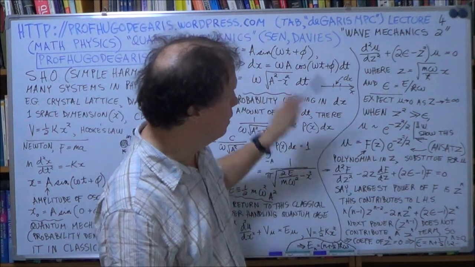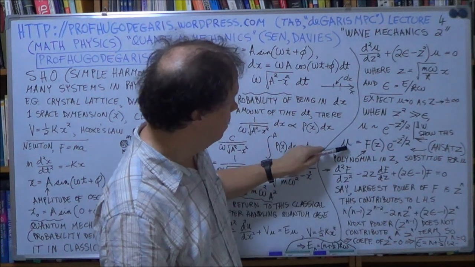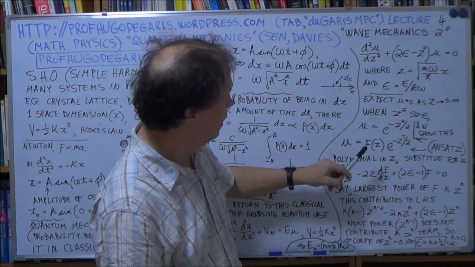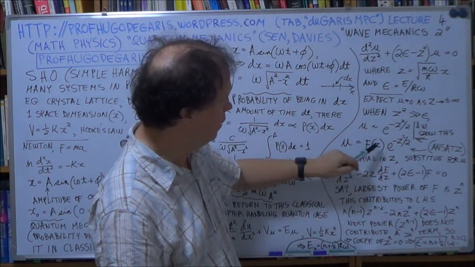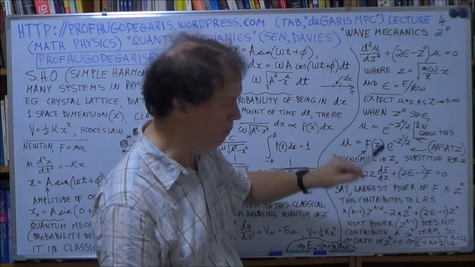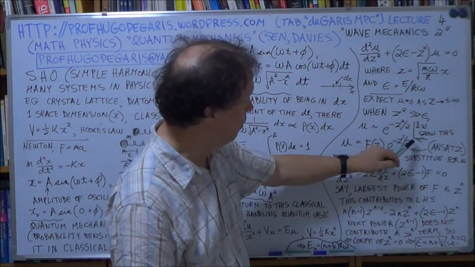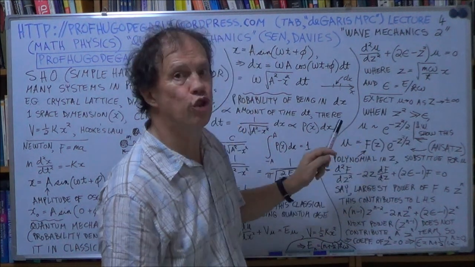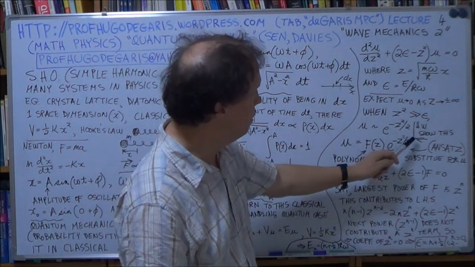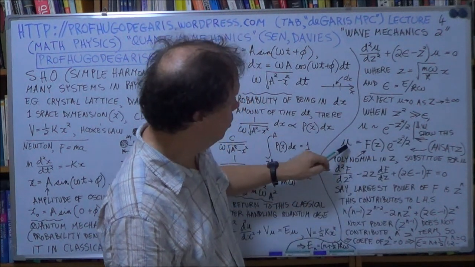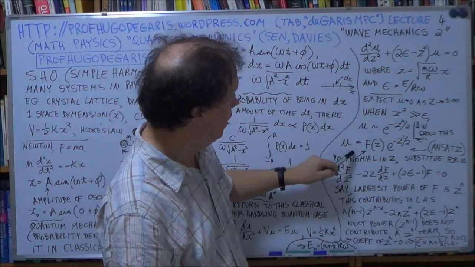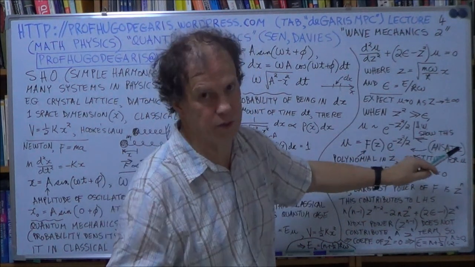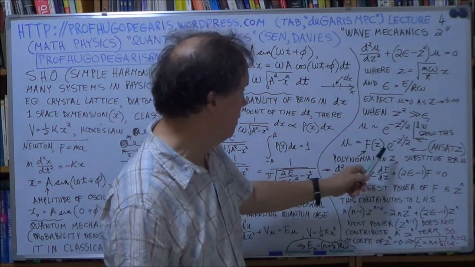So let's assume that your wave function u has the following form: some function of z, f of z, times e to the minus z squared over 2. So this function is a trial function, or trial solution, because we want u. U is the solution to this equation. So our trial solution, our Ansatz, same thing, just different language, is this.